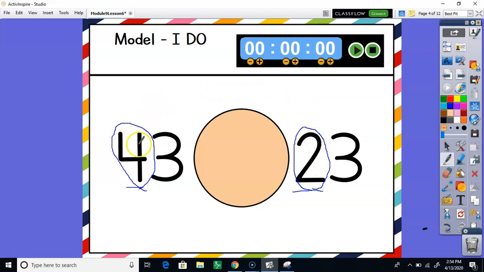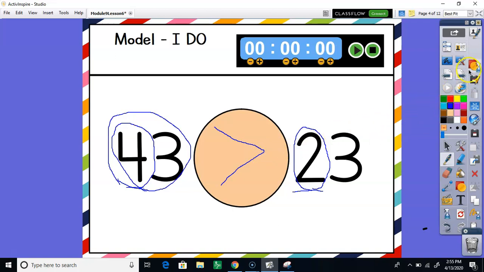I know that 4 is bigger than 2, so I'm going to circle this. This is the greater number. So I have to put the symbol in the middle that's going to say that 43 is greater than 23. I listened to myself say it, and I said 43 is greater than 23, so I chose the greater than symbol to put in the middle.